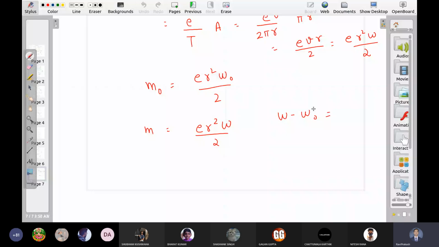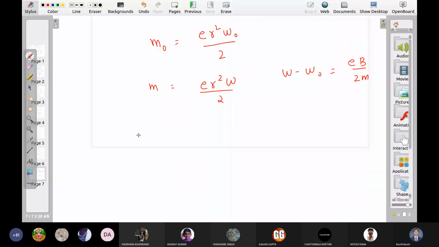I mean, how much is the generated magnetic moment? e r square upon 2 into delta omega. So this is the magnetic moment generated in presence of magnetic field.